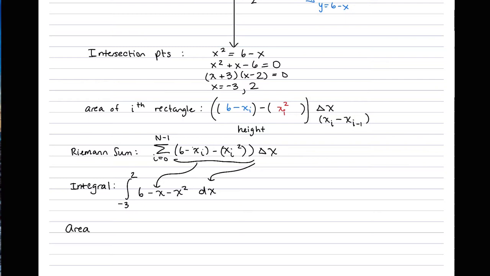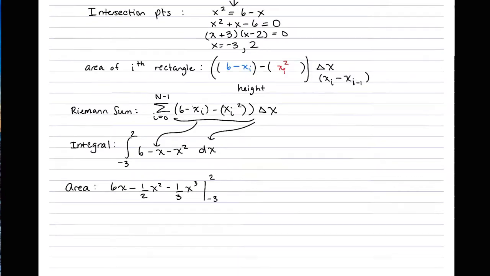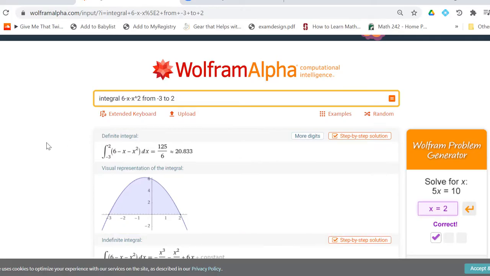So the area is what we get when we do the integral. Remember how this works: with definite integrals, you find the antiderivative and then evaluate it at the endpoints. So this becomes 6x minus 1/2 x squared minus 1/3 x cubed, evaluated from -3 to 2.